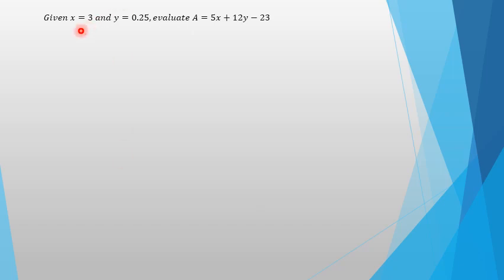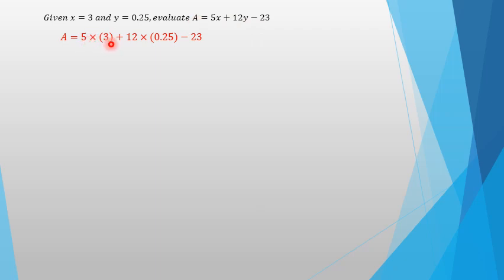Given x equal 3, y equal 0.25, I have to evaluate a equal 5x plus 12y minus 23. Evaluate means I have to replace x by 3 and y by 0.25. So it's 5 times 3 plus 12 times 0.25, the value of y, minus 23.